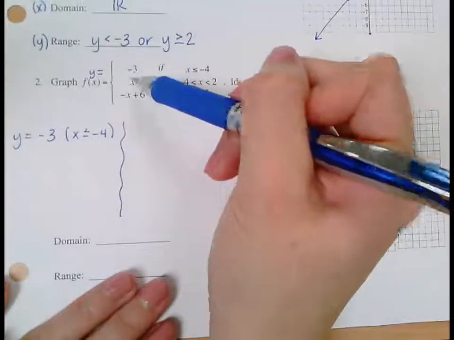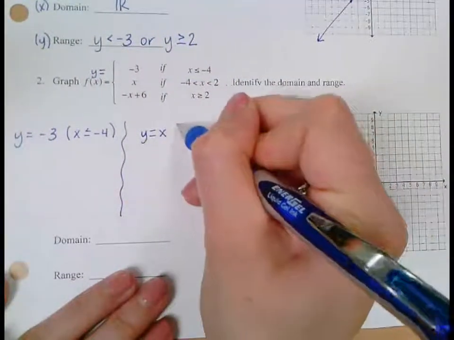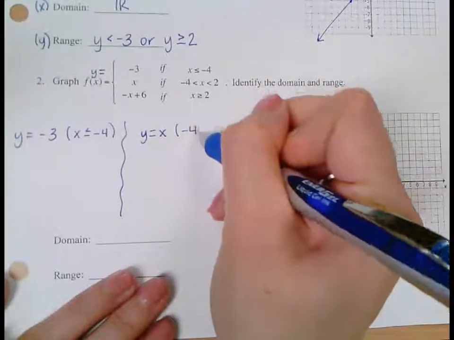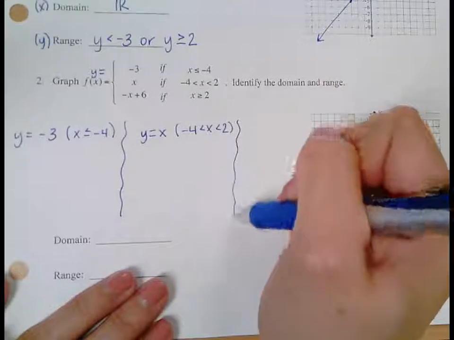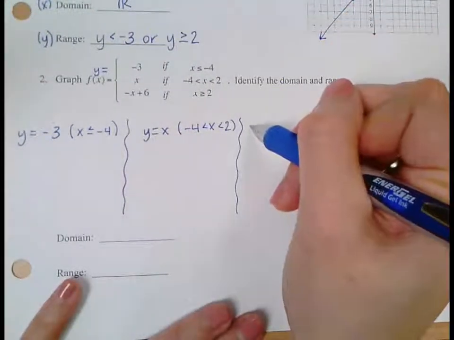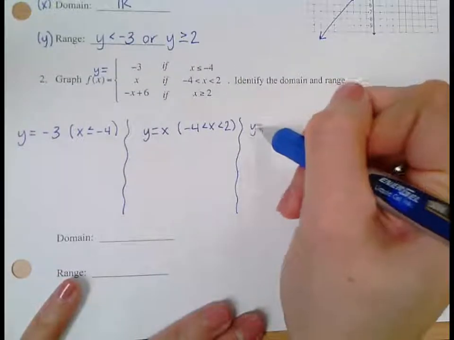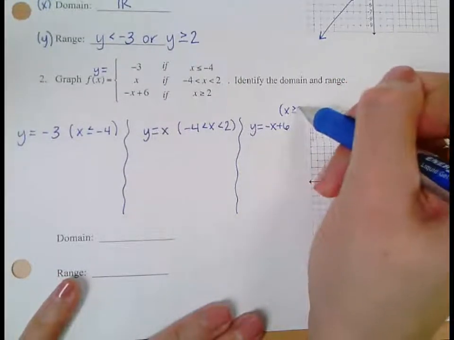My middle piece, my second piece, is y equals x. And this is for x values between -4 and 2. And then the last piece is y equals -x plus 6, and this is when x is greater than or equal to 2.